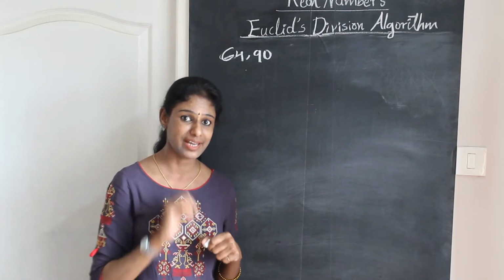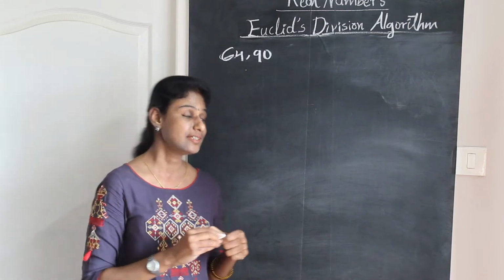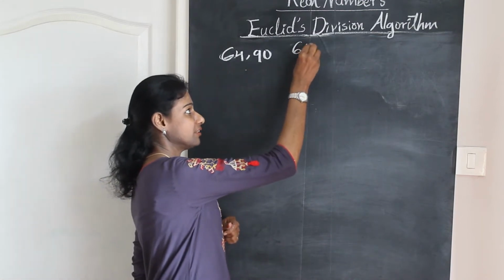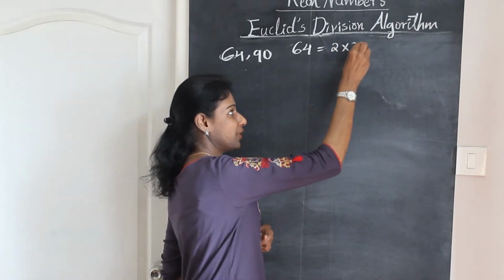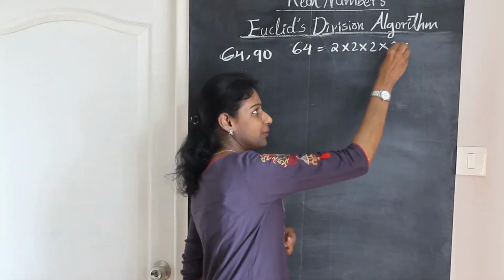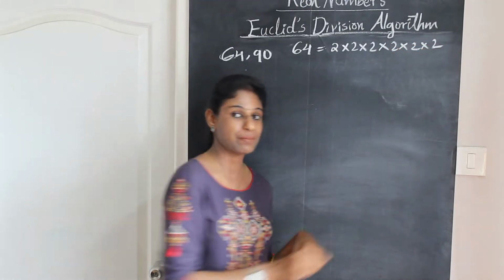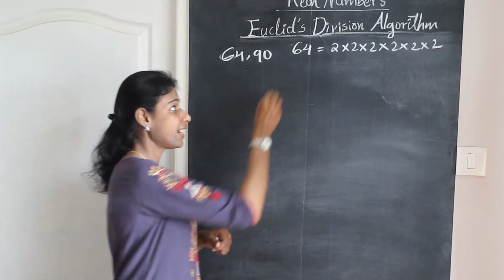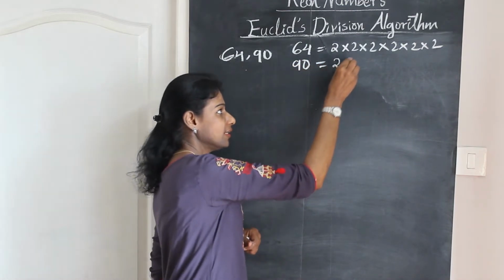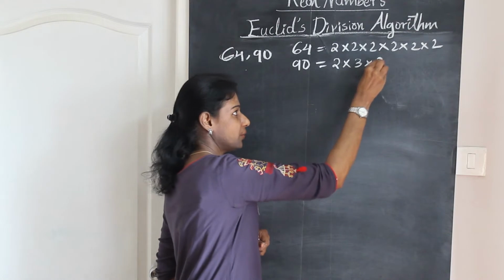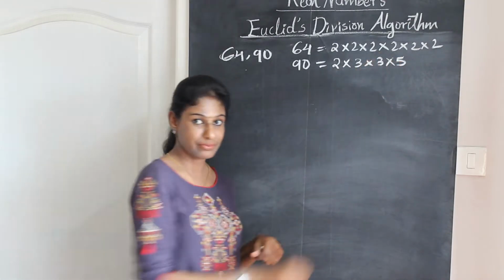Let us see first by the prime factorization method. So 64, if you factorize 64, you get the factors as 2 into 2 into 2 into 2 into 2 into 2, that is 2 to the power 6. And 90, if you factorize, then you get the prime factors as 2 into 3 into 3 into 5.